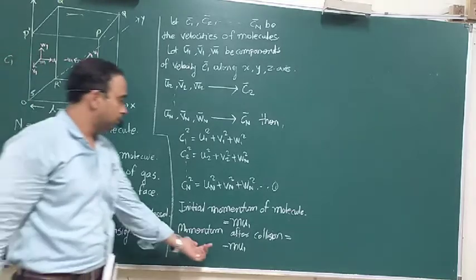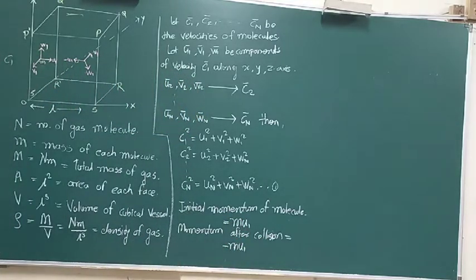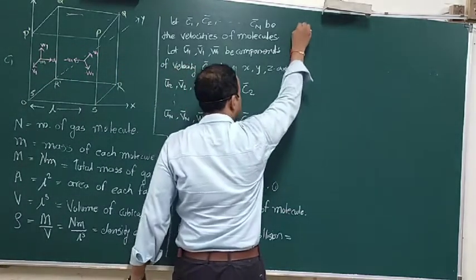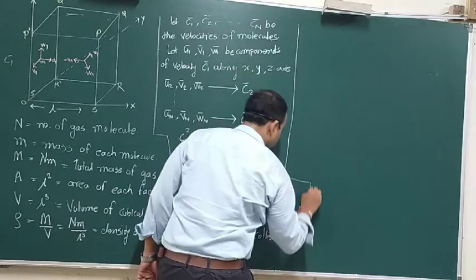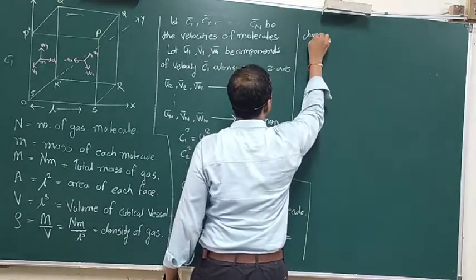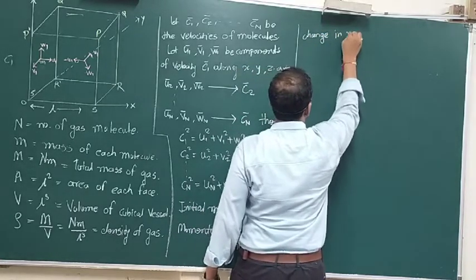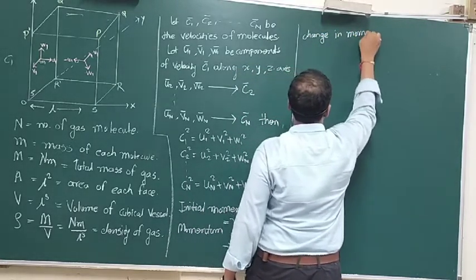So the momentum after collision is minus m u1. Now we have to find the change in momentum.